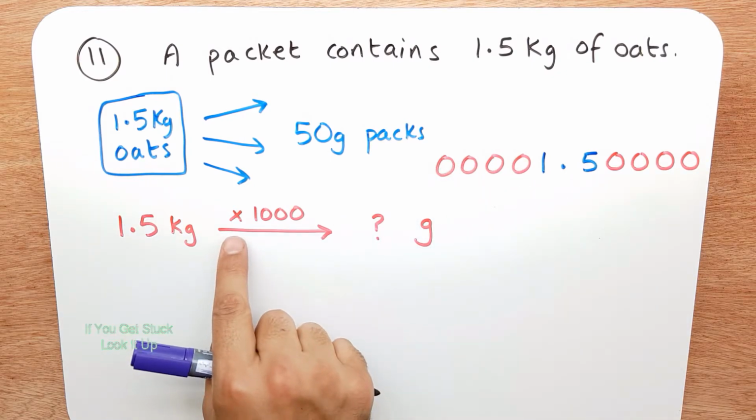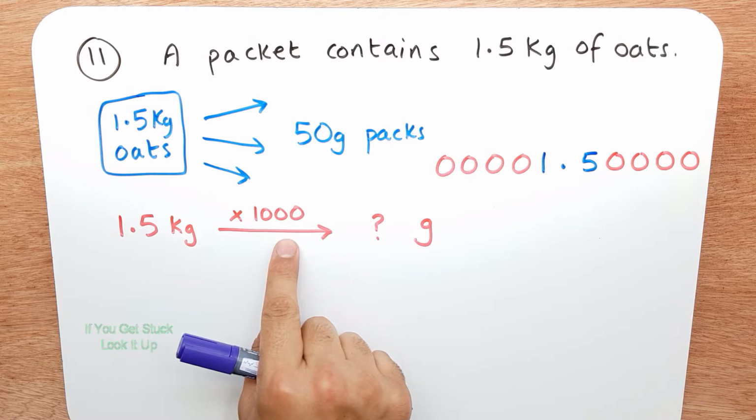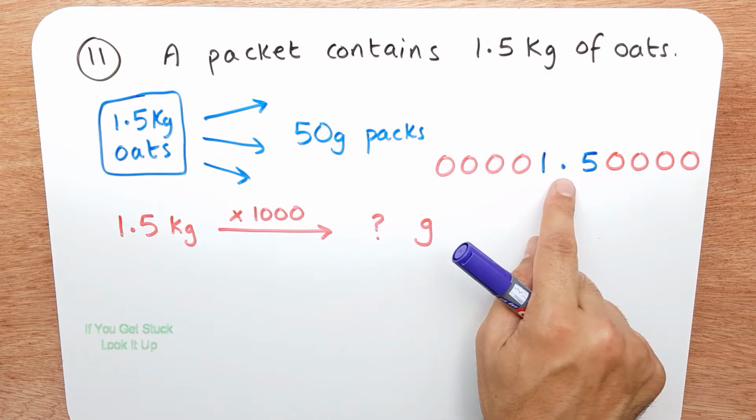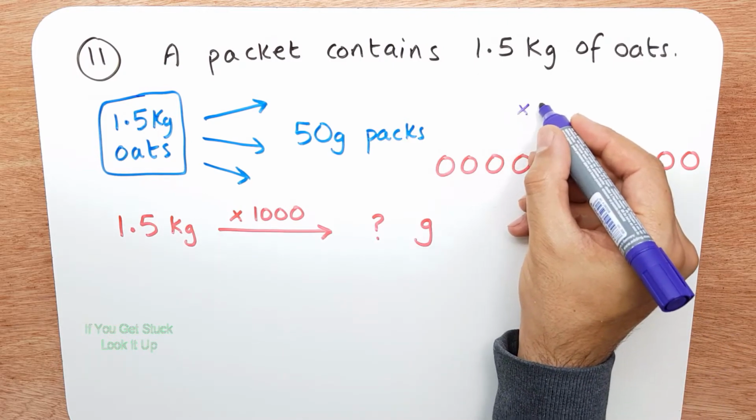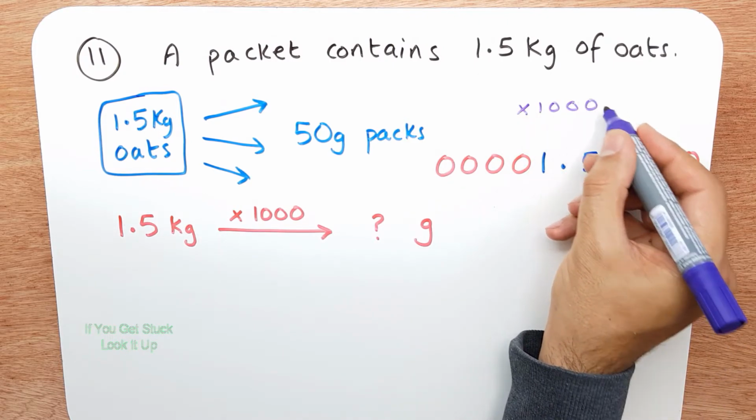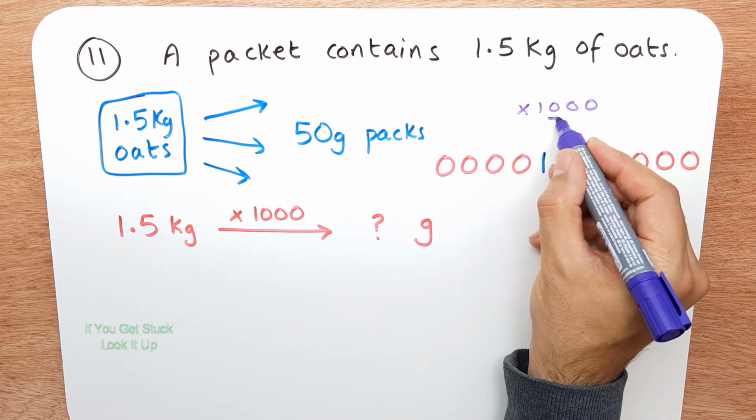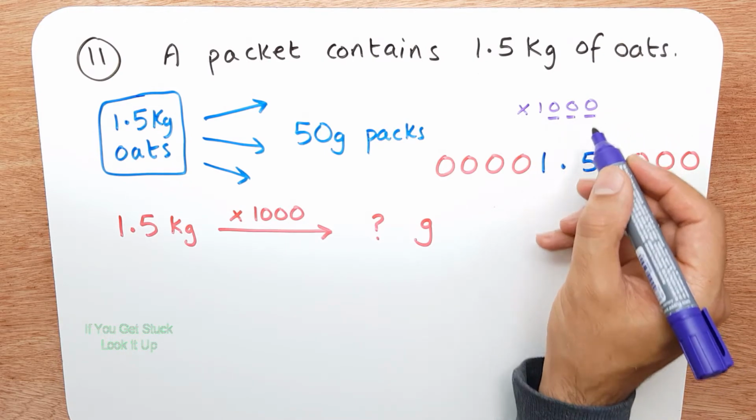Now, because I'm multiplying by 1000, because I know 1 kilogram has 1000 grams, I have to multiply this number by 1000. And whenever you multiply a number by 1000, because I have 3 zeros, 1, 2, 3.